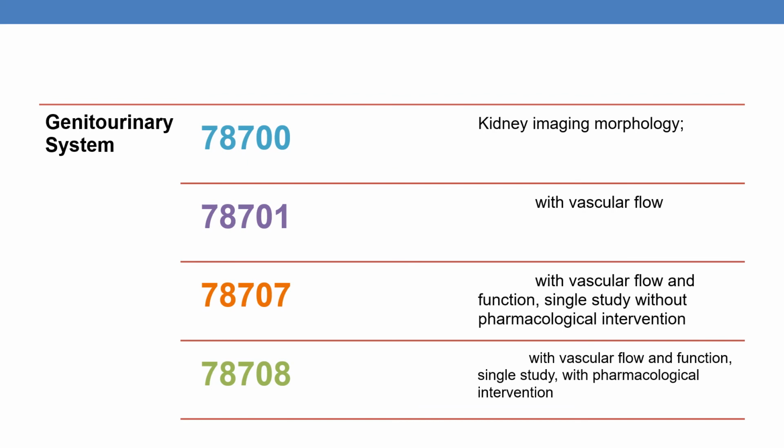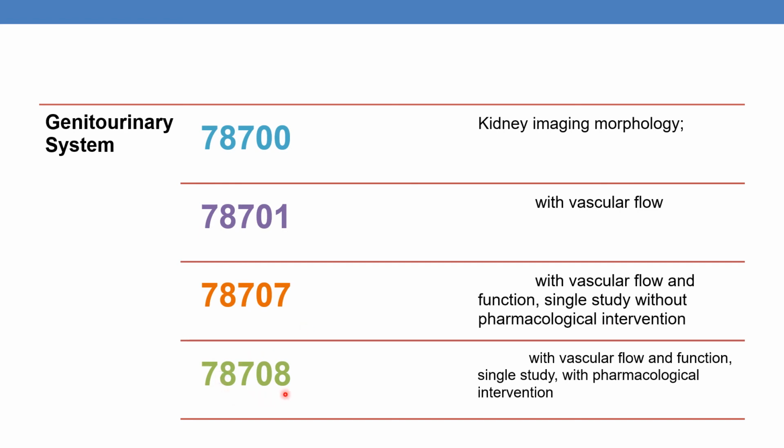Now coming to nuclear medicine CPTs for the genitourinary system. The first CPT is 78700, kidney imaging morphology. The next is 78701, kidney imaging morphology with vascular flow. The next is 78707, kidney imaging morphology with vascular flow and function, single study without pharmacological intervention.